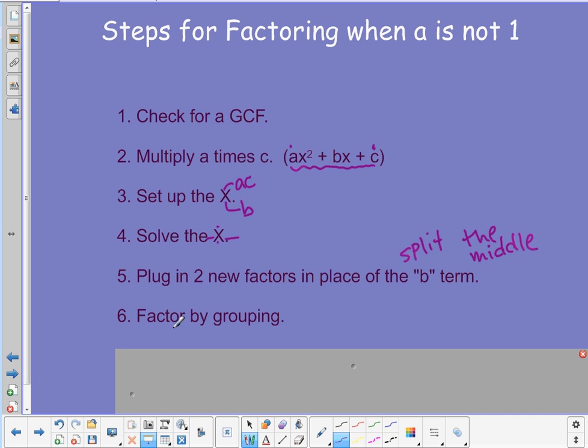I want to talk a little bit more about that x, and if you need to draw this picture, you can find a little bit of white space for it. So let's just set up the factor x. This is what our factor x looks like. On the top of our factor x, we have that a times c.